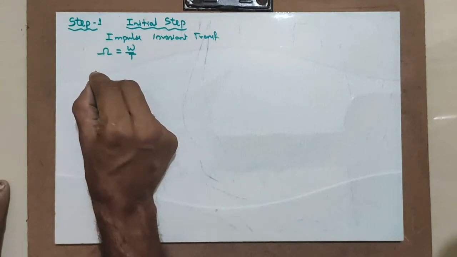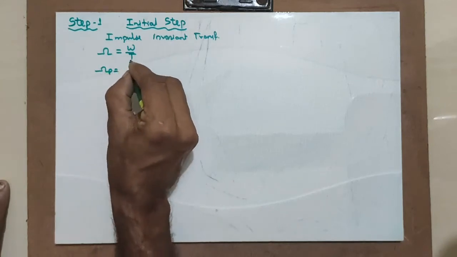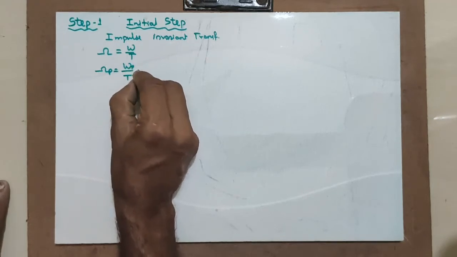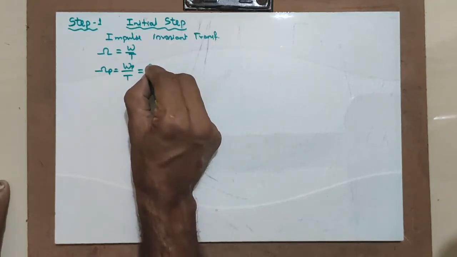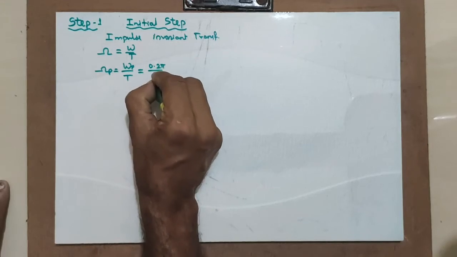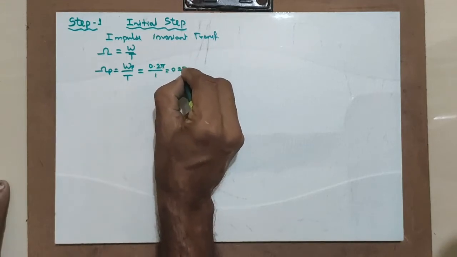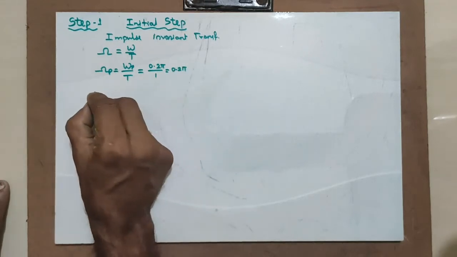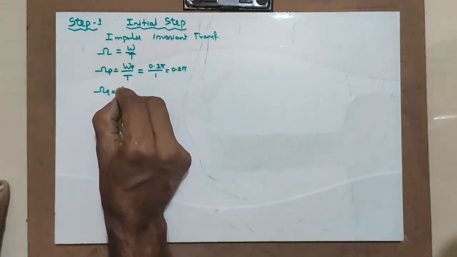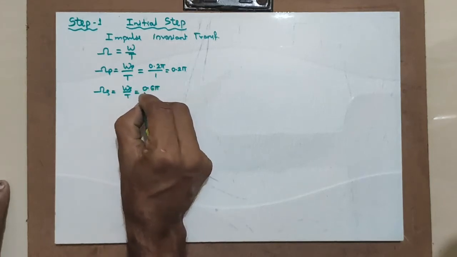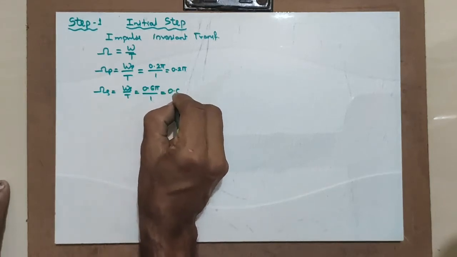How do I do it? Omega p is equal to Wp divided by T. All these values are given. Wp is 0.2 pi divided by 1 second, hence it is 0.2 pi. Similarly, omega s is equal to Ws by T, that is 0.6 pi divided by 1, so it is 0.6 pi.